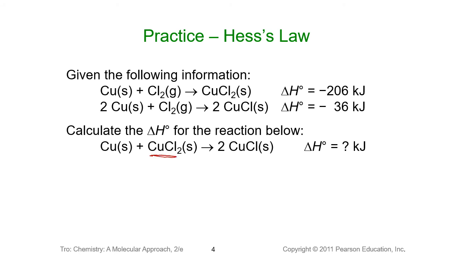But if we look at our copper 2 chloride, it is only in that first chemical reaction because it is on the reactant side in the one we're trying to make, and the product side in the one that we are using. That tells me that we have to flip that first chemical reaction.